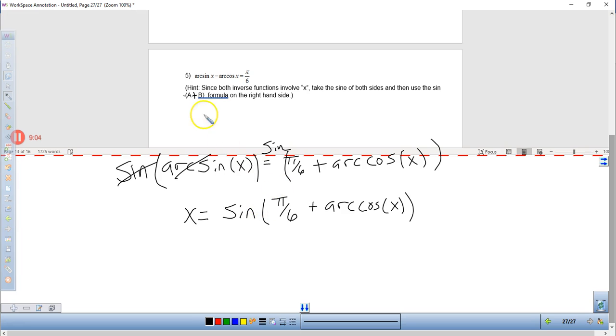Well, we're setting up yet again. We're going to do sine of a plus b, or sine of s plus t. This is going to be s, this is going to be t. Now, yet again, I need to construct a triangle for this one, since we don't know exactly what that angle is. But we're assuming it's positive, so I'm going to deal with first quadrant.